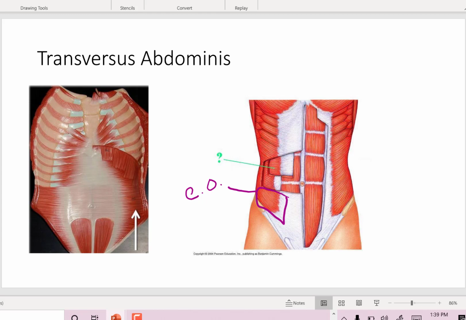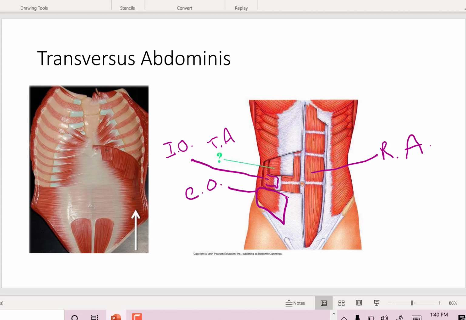So notice, here's another cutout window. That one is the internal oblique. And then here's the rectus abdominis. And then the deepest one is your transversus abdominis, shown here with the green question mark.